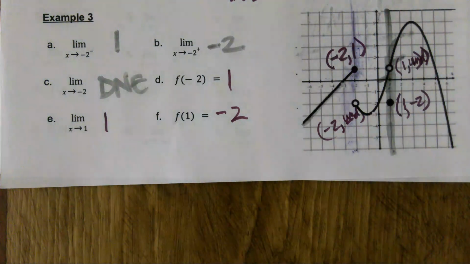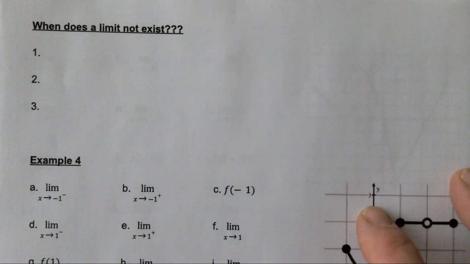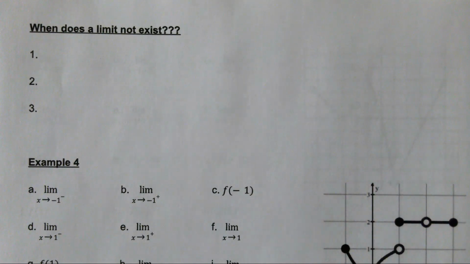Okay, so let's go ahead and just discuss a couple of things, because I know that was our last question. When does a limit not exist? What are limits? We use them for continuity. We have a series of questions that we go through to determine if a graph is continuous.